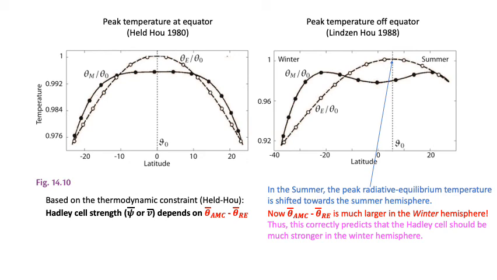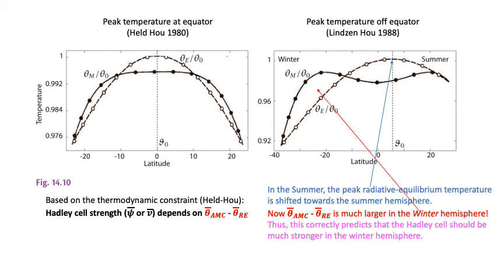And you can solve for the angular momentum conserving solution, assuming that you're starting not at the equator, but actually off equator. What you'll end up with is this black curve, which now is not monotonic. It actually decreases as you go back towards the equator and then increases again.